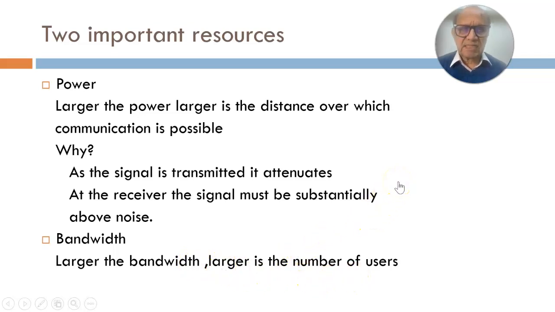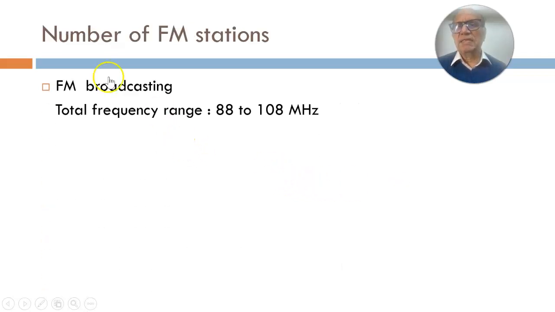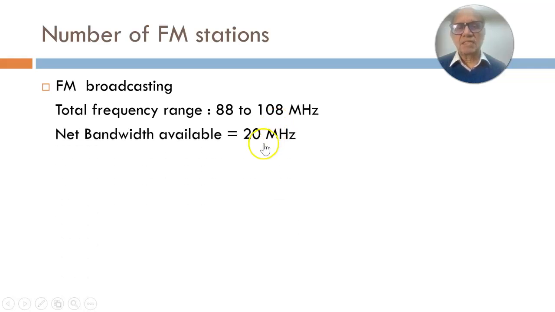In order to understand this, let us take an example. Again, take the example of FM broadcast and let us try to see the number of FM stations that can operate. The total bandwidth allocated for FM broadcast is from 88 to 108 megahertz. So that is a total of 20 megahertz. Now, for the FM signal to be transmitted, each station requires a bandwidth of about 200 kilohertz. How this comes about is a detail of the communication system, which we are not addressing right now in this introduction.